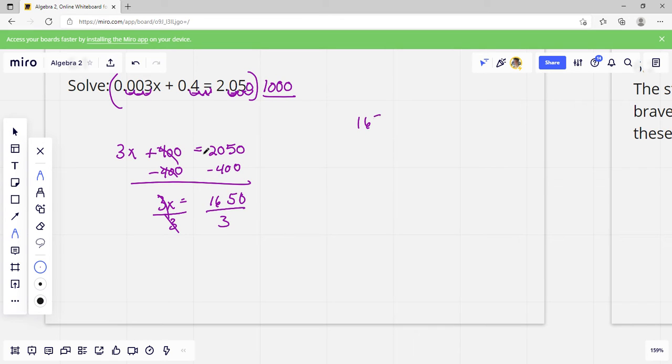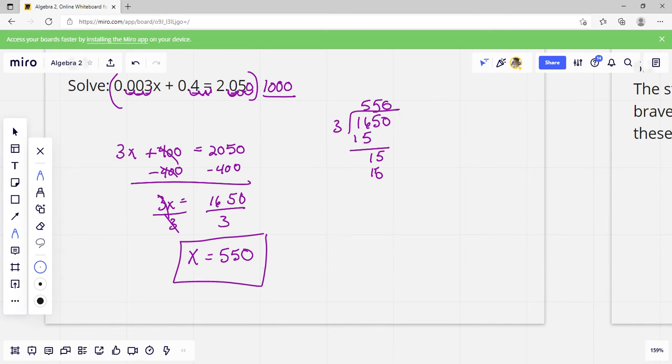And 1650 divided by 3. 3 times 5 is 15 minus 1. Bring that 0 up, and x equals 550. And that's the answer to that. And it's so much easier than messing around with all of those decimals.